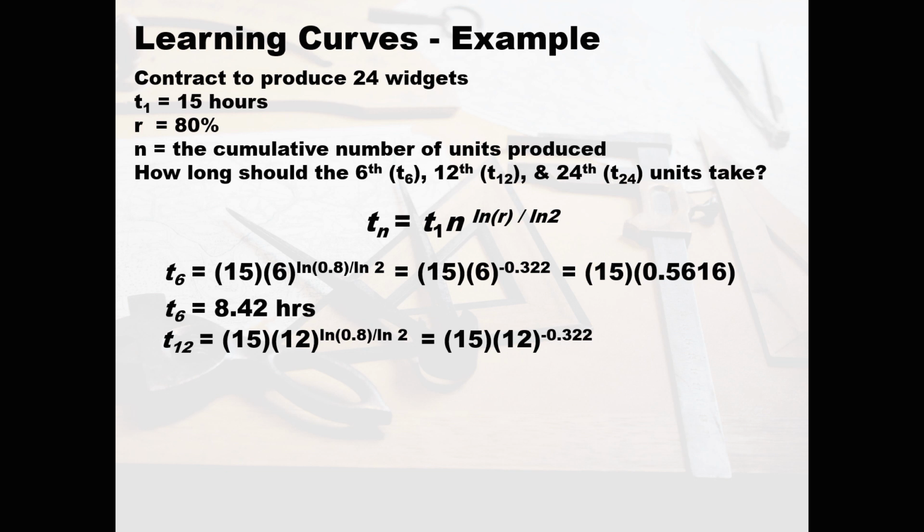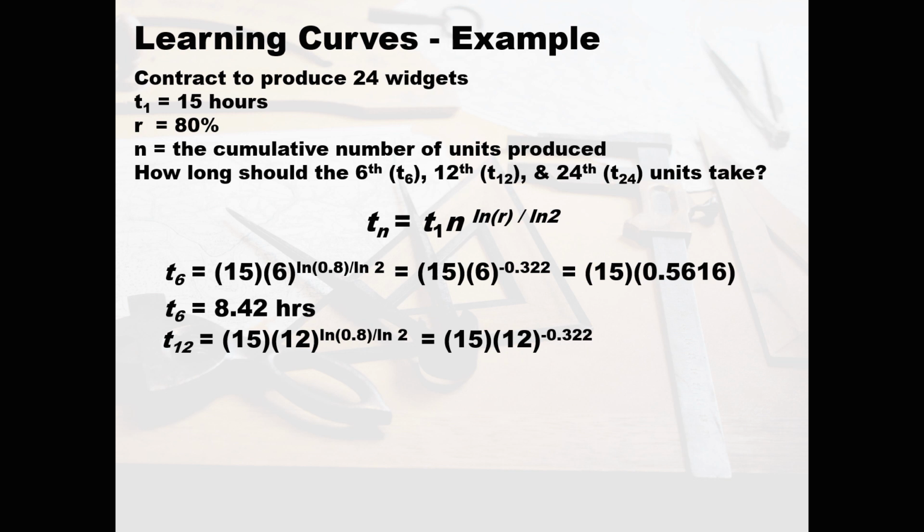We're going to get the same result. Now again, if our learning curve percentage changes, this number is going to change. This number is not always going to be a negative 0.322. It's determined by whatever our learning curve percentage is.